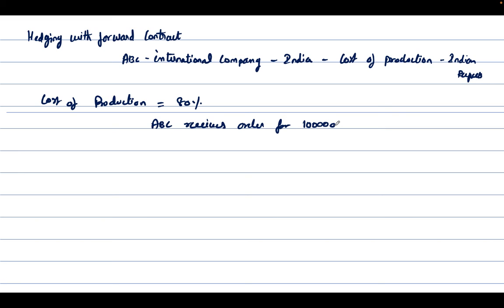The current US exchange rate, we suppose, is 70. 1 USD equal to 70 rupees.